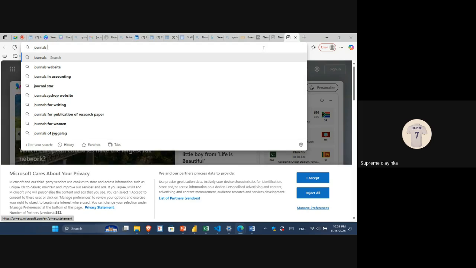So if I write journal of, can you see, we have one for gerontology. If you have a journal of psychology, that means this journal only accepts information about psychology. This one only accepts information about physics, or pediatric dentistry, or public health.